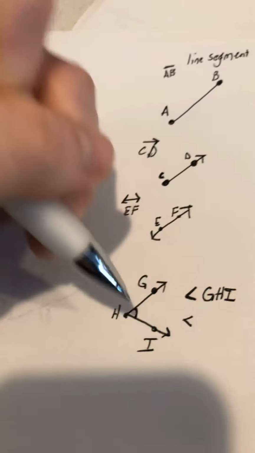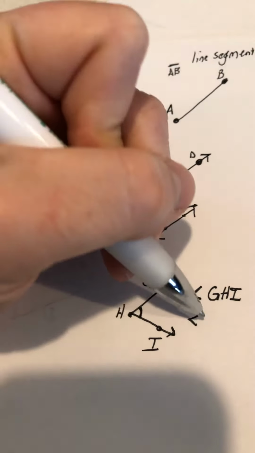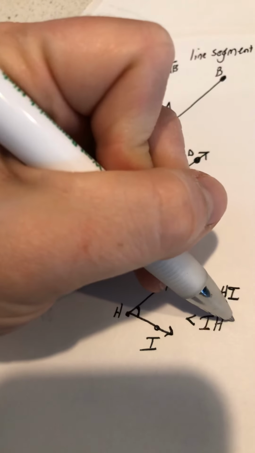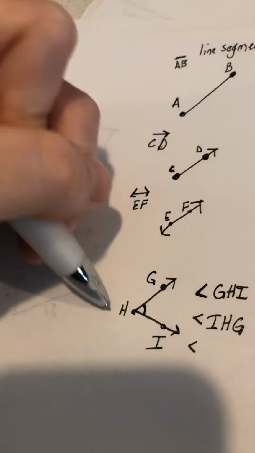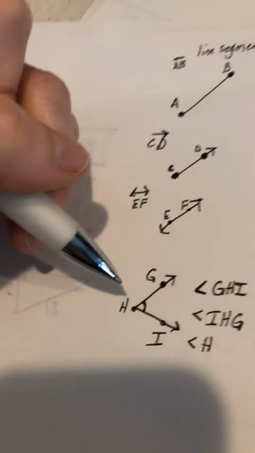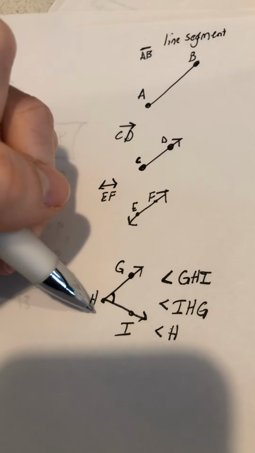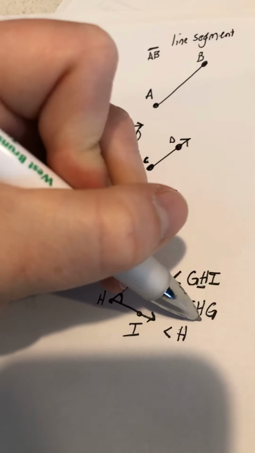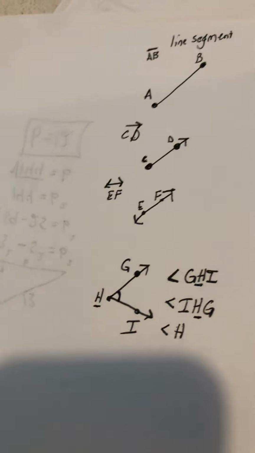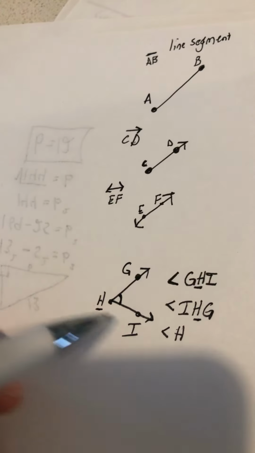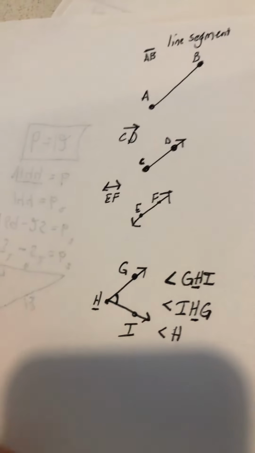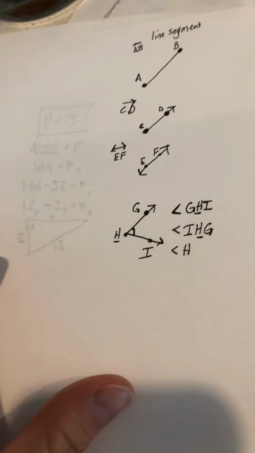Okay, it could also be called IHG or just angle H. Okay, all 3 of these are the same way to name this. Notice our vertex is in the middle when we name it with 3 points, and it's just the H, the vertex, for this one. Okay, so there's that.